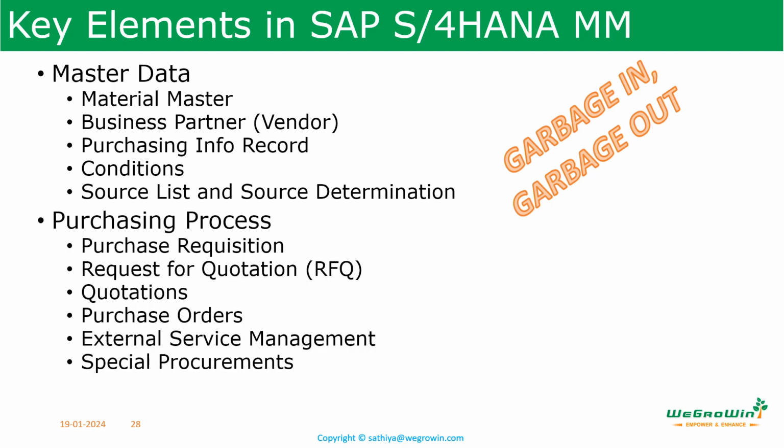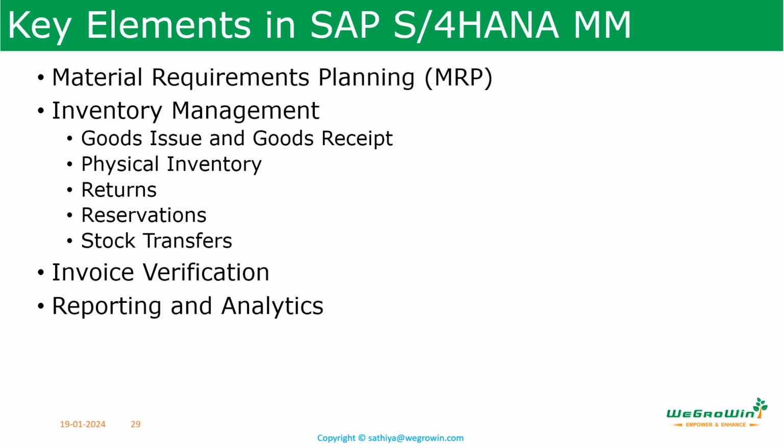The purchasing process involves various activities like creation of purchase requisition, either manually or from MRP, then creation of quotation, request for quotation, purchase orders, external service management. Then there are various special procurements. I will explain special procurements just after the next slide. And then we have material requirements planning.